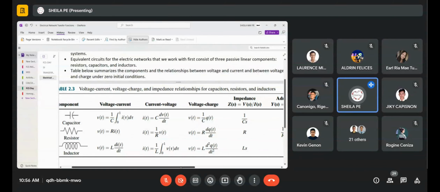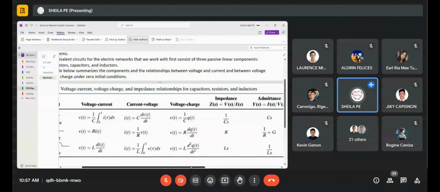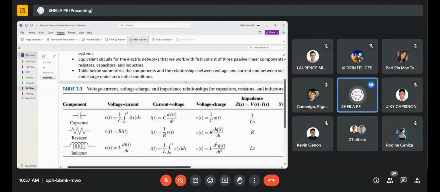For impedance, it is just the same as resistance, but since we're dealing with a higher tier of discussion, especially in amplifiers, impedance is V of S over I of S in Laplace transform. For our capacitor, that's 1 over CS.